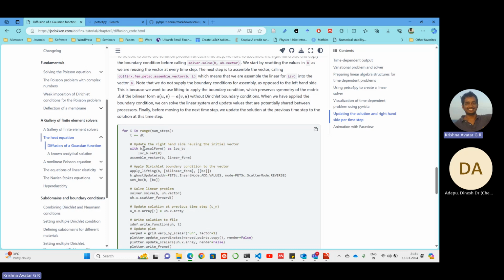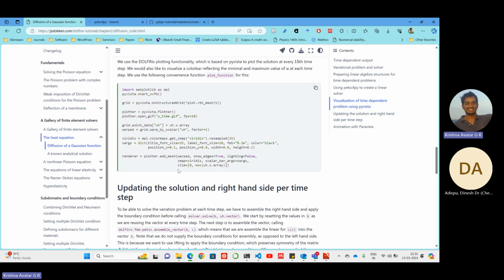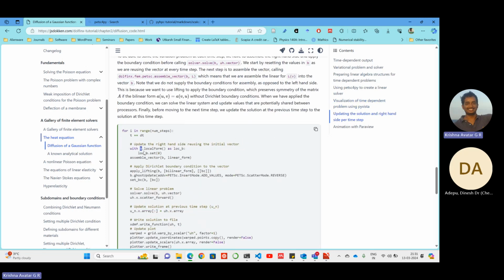What b.localForm does is it gives us a vector form of b, because the way FEniCS stores B, it won't store it as just an array. It will contain many other information also. With all these sophisticated packages, they won't store B as just a vector. They will store it in some other data type. SciPy has something similar.